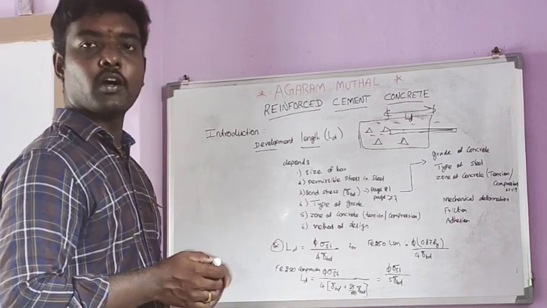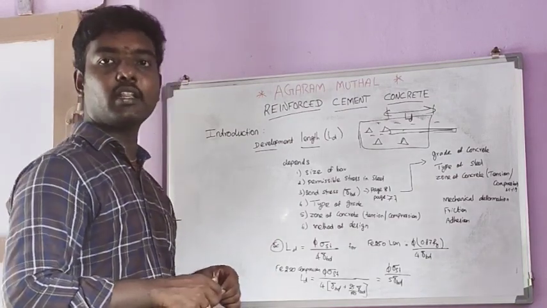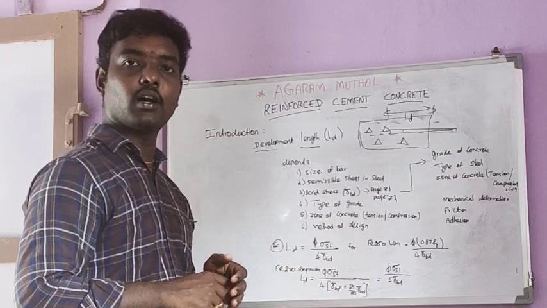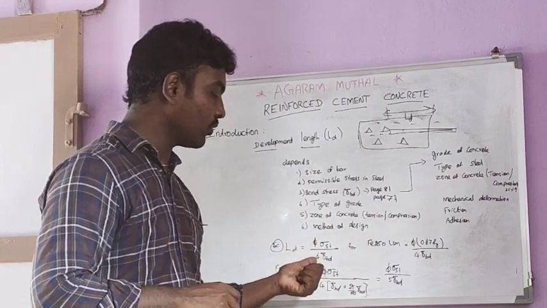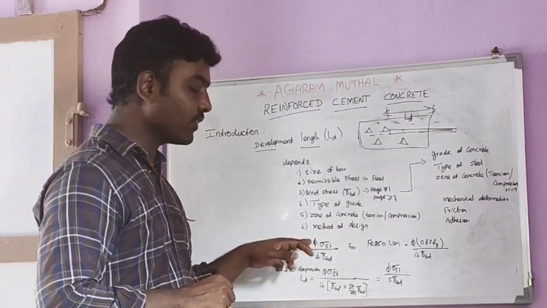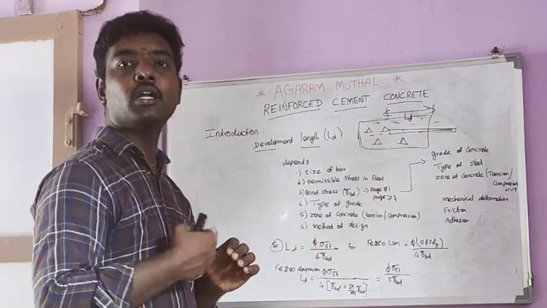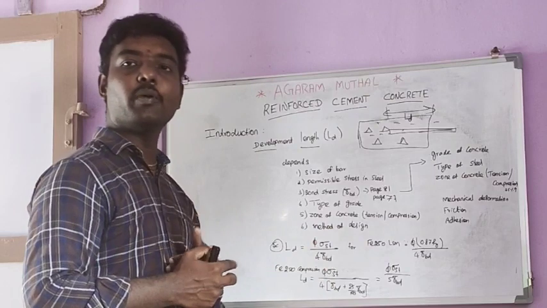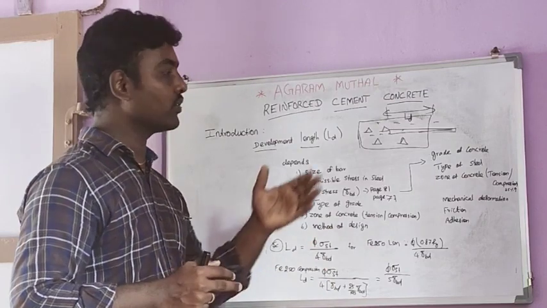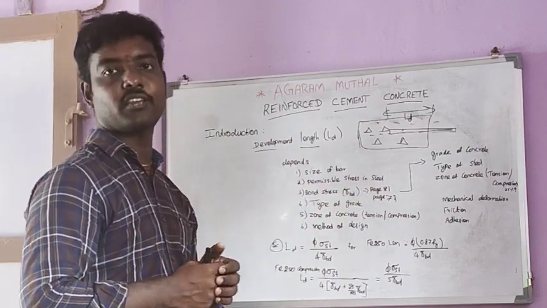For finding the development length, the expression is Ld = phi sigma st divided by 4 tau bd. Phi is the diameter of the bar, sigma st is the maximum permissible tensile stress, and tau bd is the bond strength, which is there in our IS 456 2000.